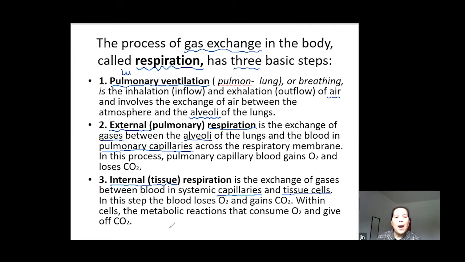So gas exchange, or respiration, includes three parts. We will talk about the details one by one later. We just get a basic picture here.